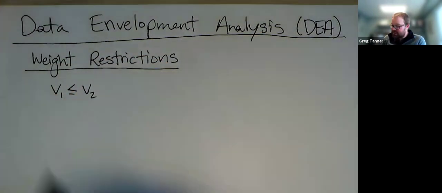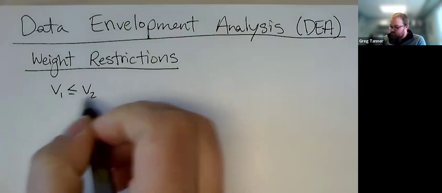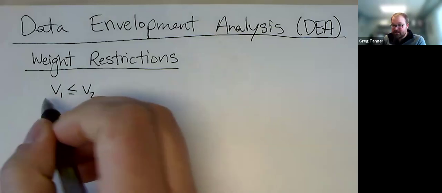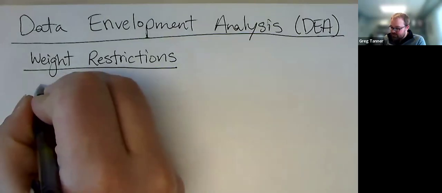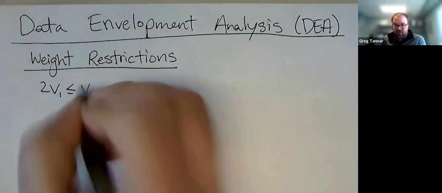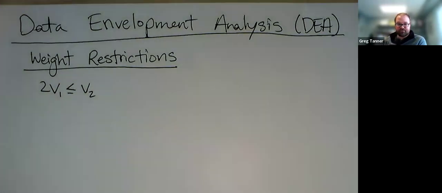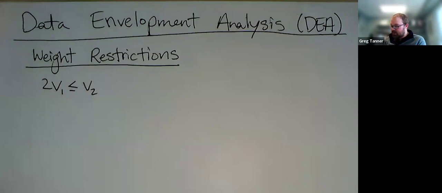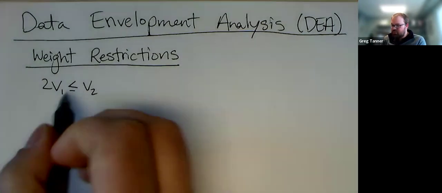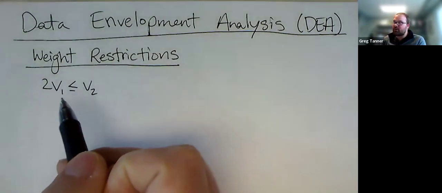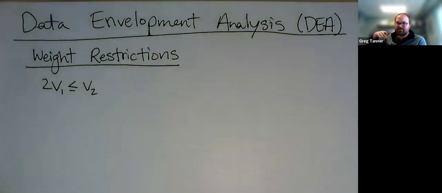Okay, and we could even say V2 is more than twice as important as V1. And so we'd say that 2V1 is still less important than a V2. Important for outputs, we're going to think of important as being more value getting out of it.